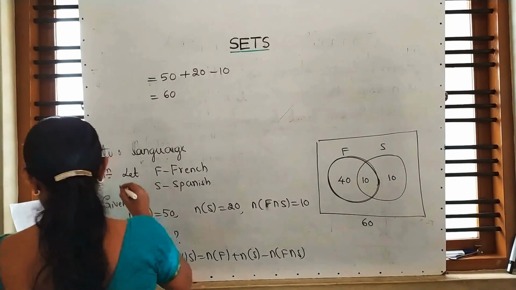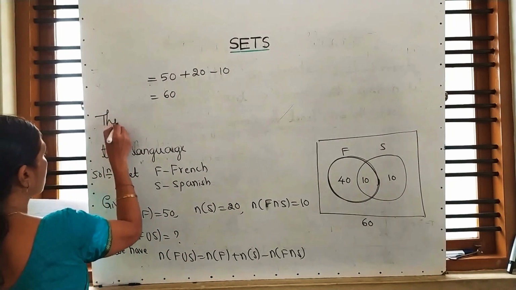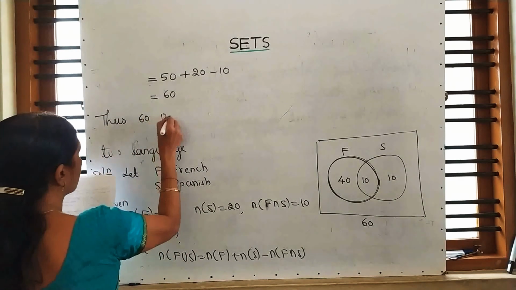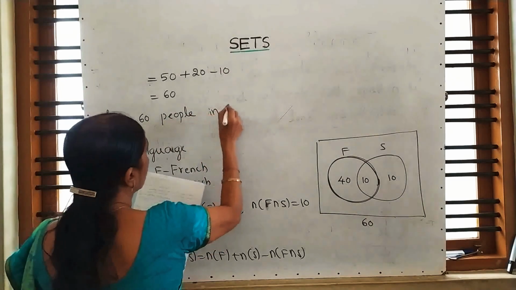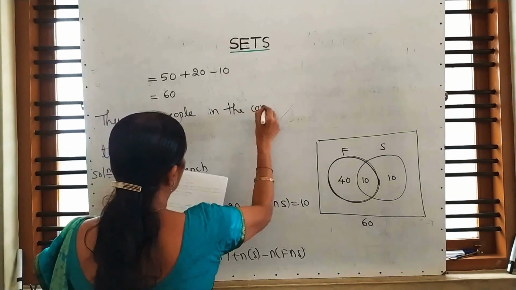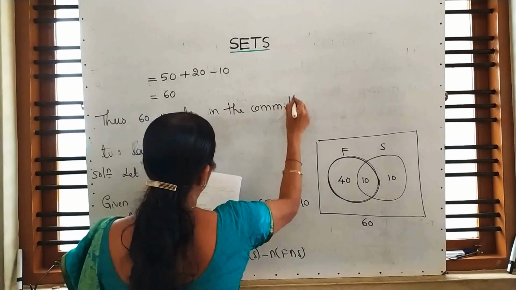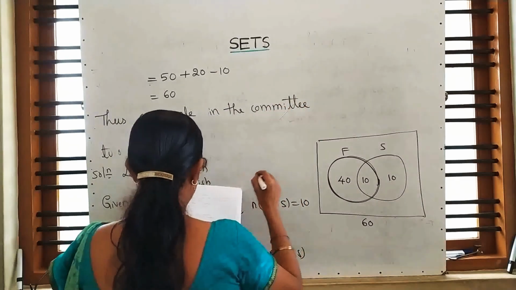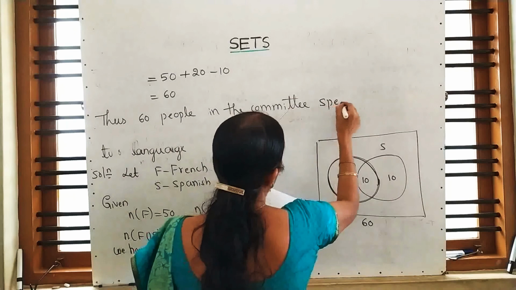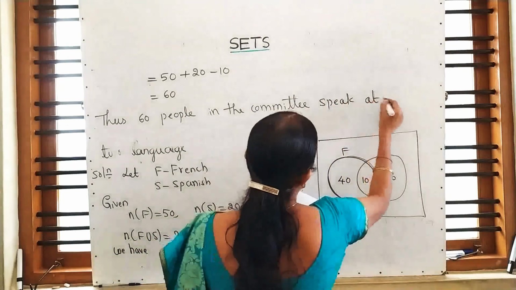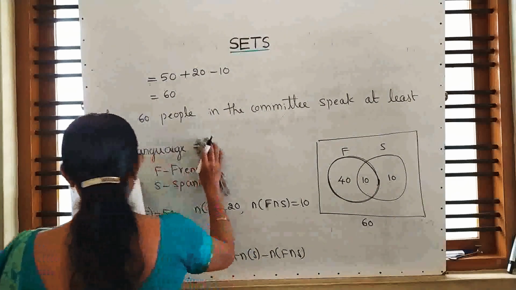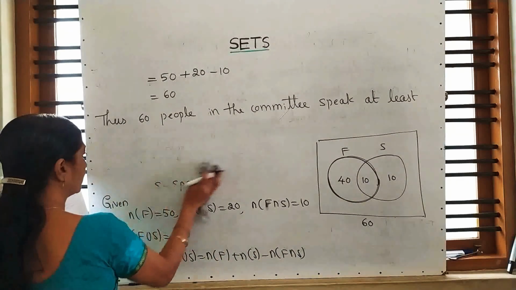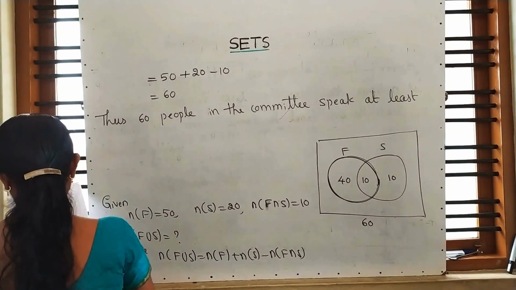Is it correct or what? Thus, 60 people in the committee speak at least one of the languages.